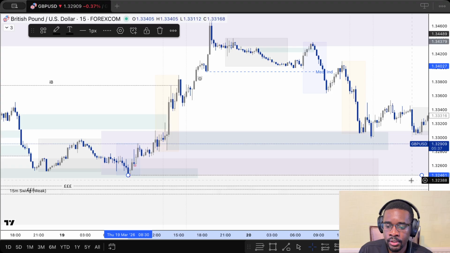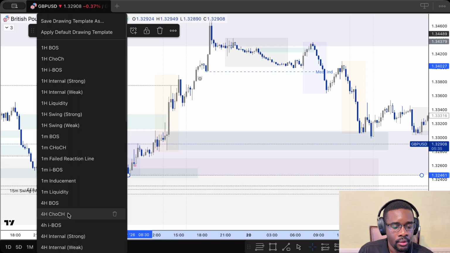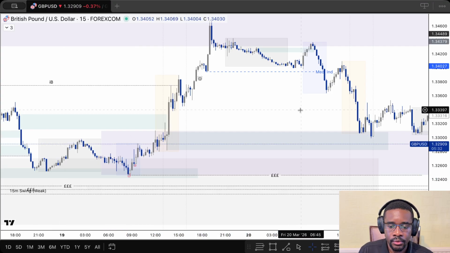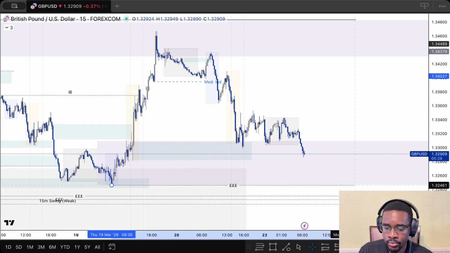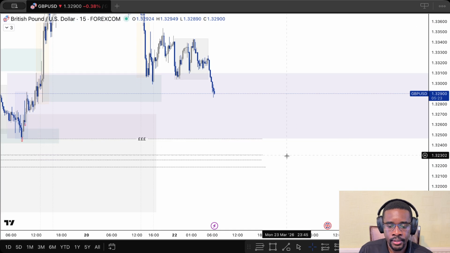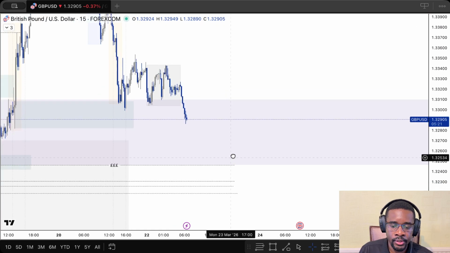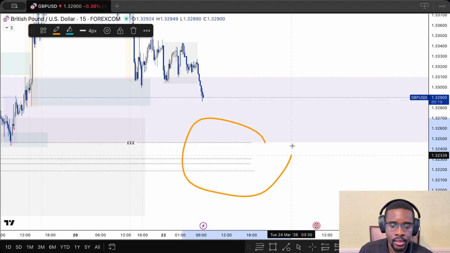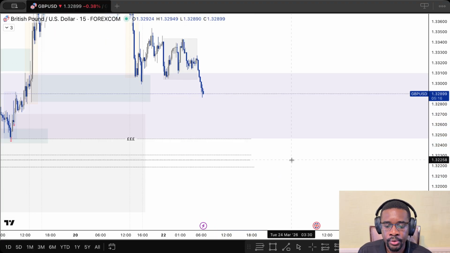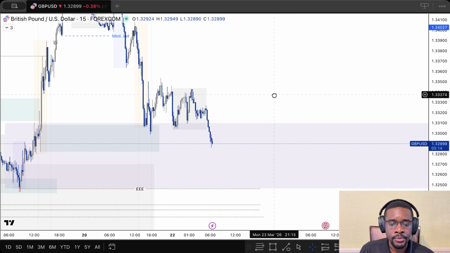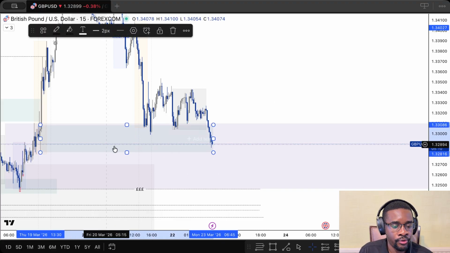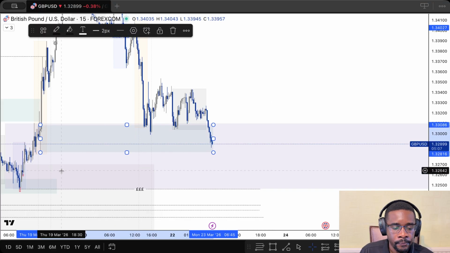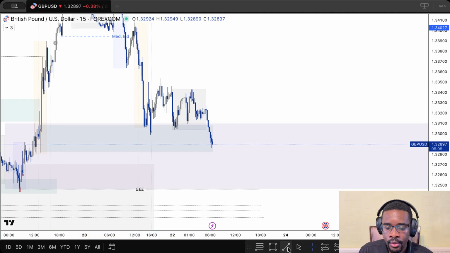So here we have another London low, which is another draw on liquidity. Price could come down. I can see that I have this pool of liquidity down here because of those lows. So the expectation is that price will continue bearish. I'm expecting this to fail.